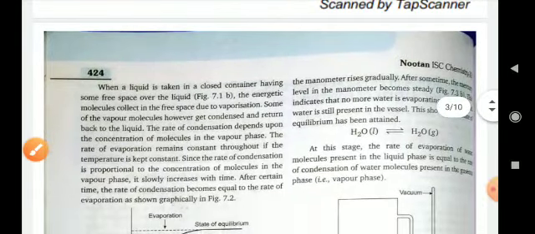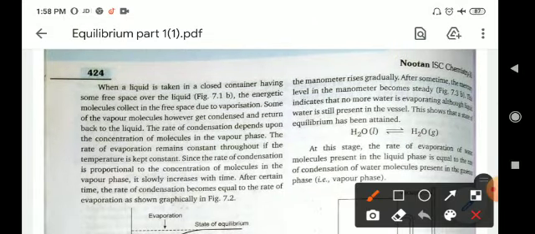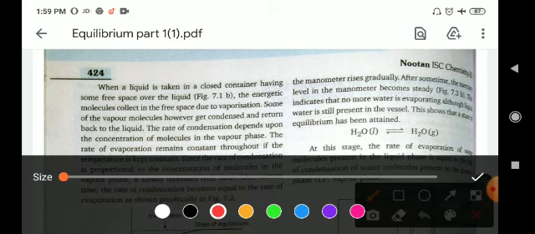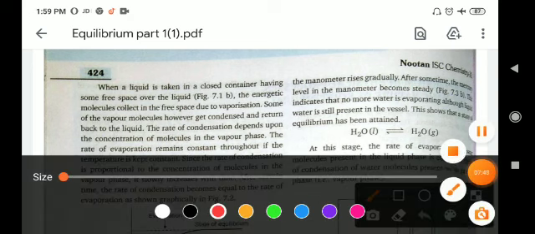So when a liquid is taken in a closed container having some free space, the above condition will occur.